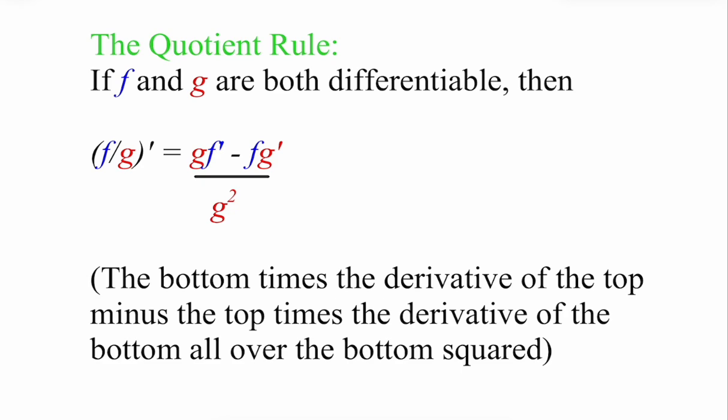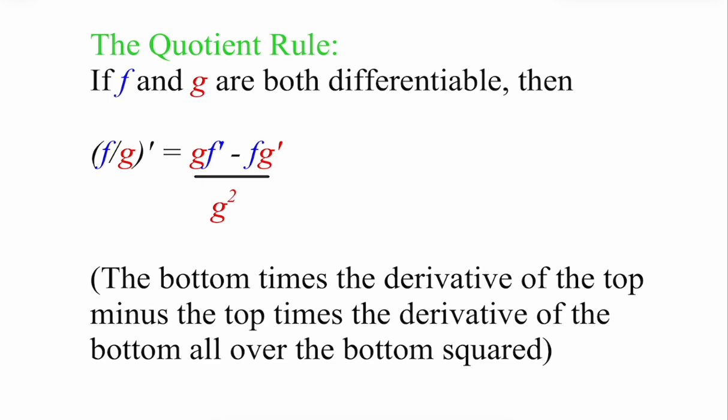You're going to have to memorize it. Let's say it one more time. The bottom times the derivative of the top minus the top times the derivative of the bottom all over the bottom squared. Even if you just remember that the bottom starts first and it's over the bottom squared. Here's why. The quotient rule has a minus between them right here, so the order matters.